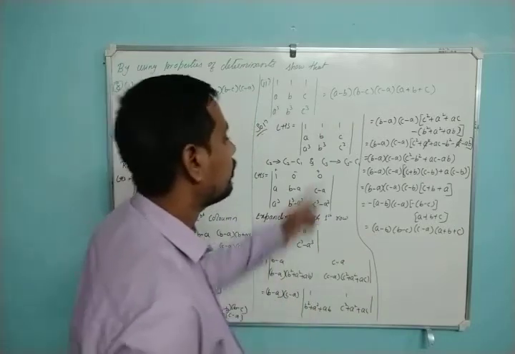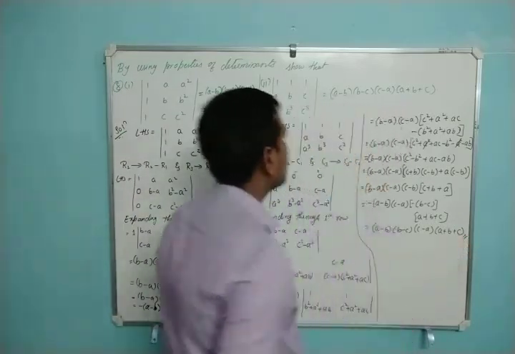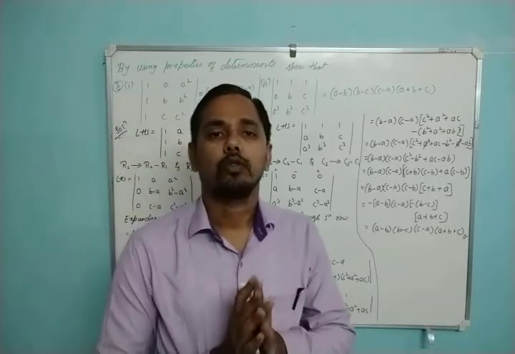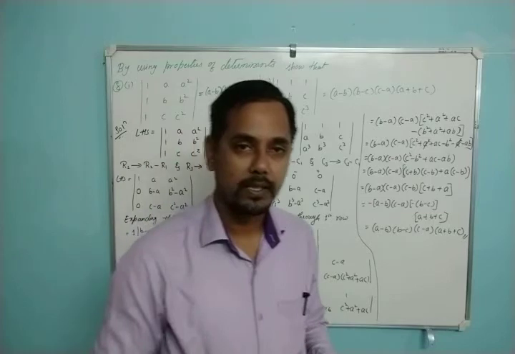This is how we need to prove it. Is that clear? Okay. So I hope the concept is clear here. So you pause the video and make a note of this.